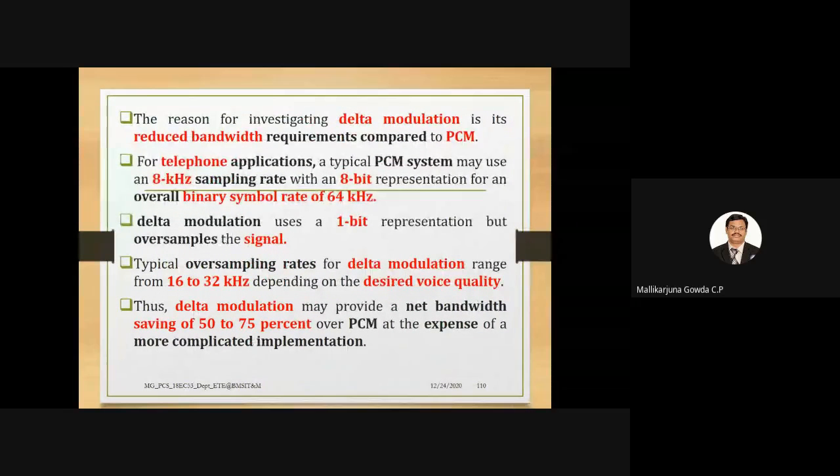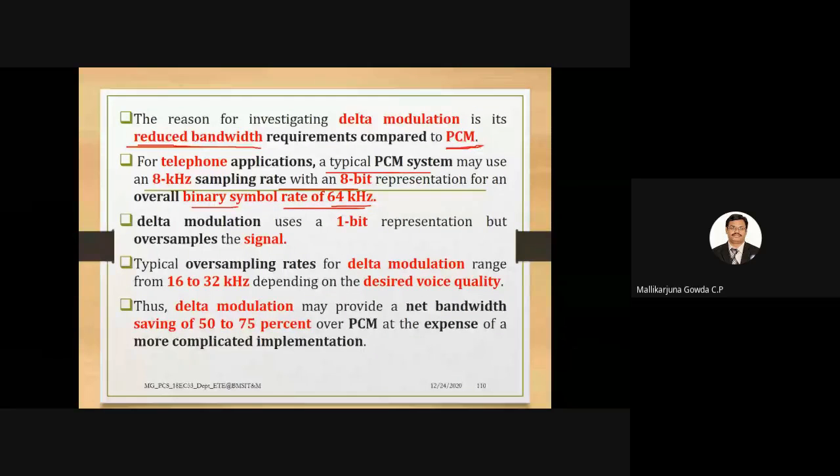The reason for investigating delta modulation is its reduced bandwidth, as I was telling in the beginning, as compared to PCM. In PCM, the transmission bandwidth required is more. Here it is given how much it is reduced, with an example. In case of telephone application, the PCM system uses 8 kilohertz sampling rate with 8-bit representation, with an overall binary symbol rate of 64 kilohertz, meaning 64 kbps.